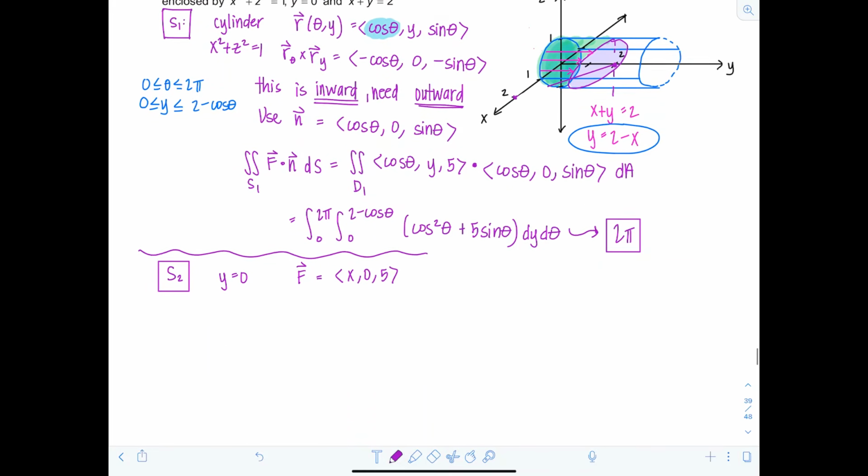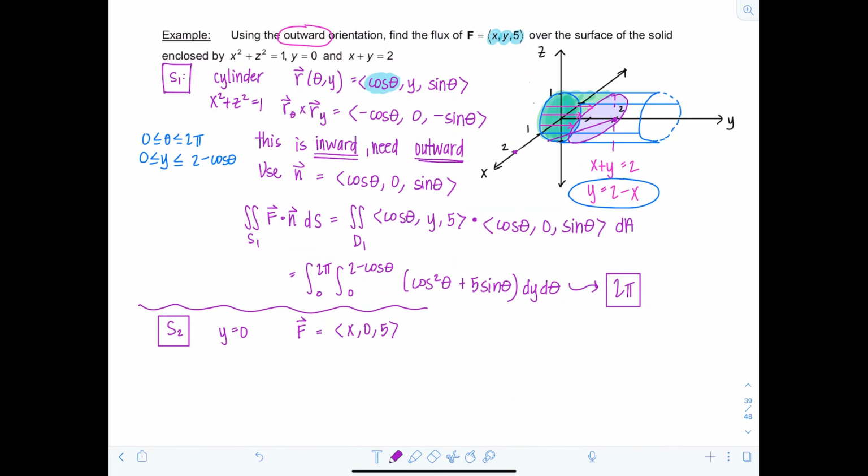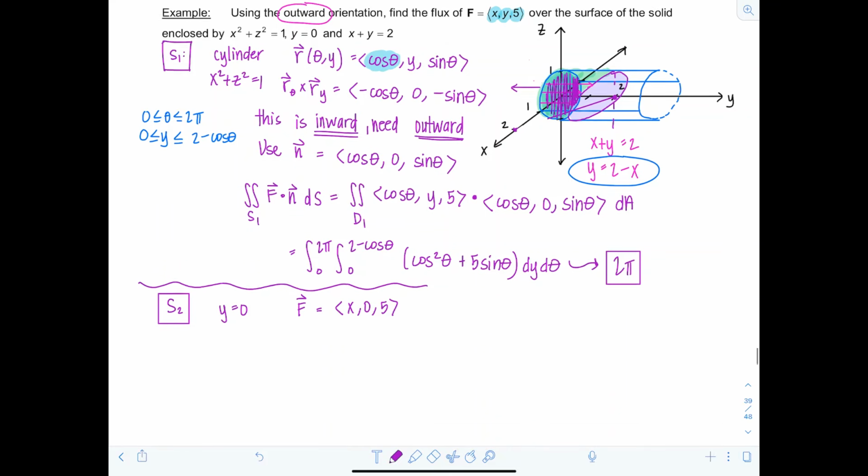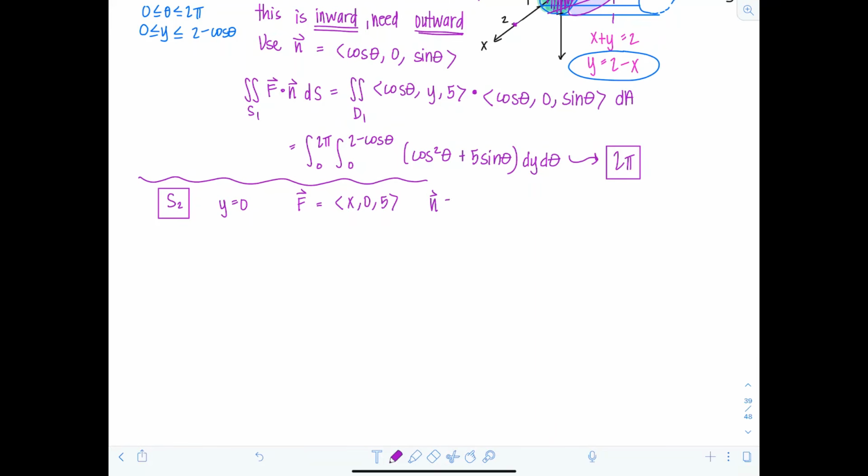And what's normal to the plane y equals 0? Well, remember, your standard orientation has to be outward. So outward from the plane back here, that's y equals 0, outward would be a vector going in the negative y direction. I want a unit vector, so just define its components to be 0, -1, 0.